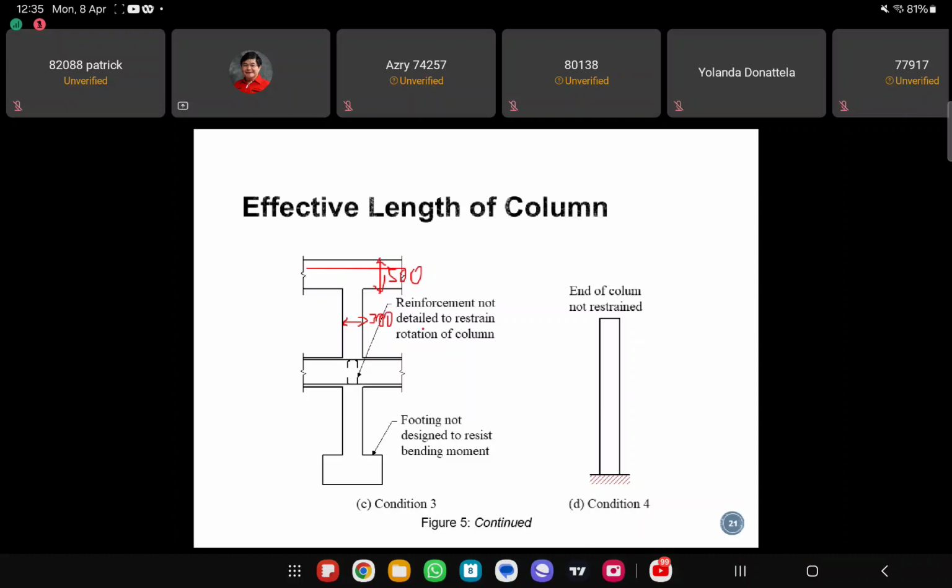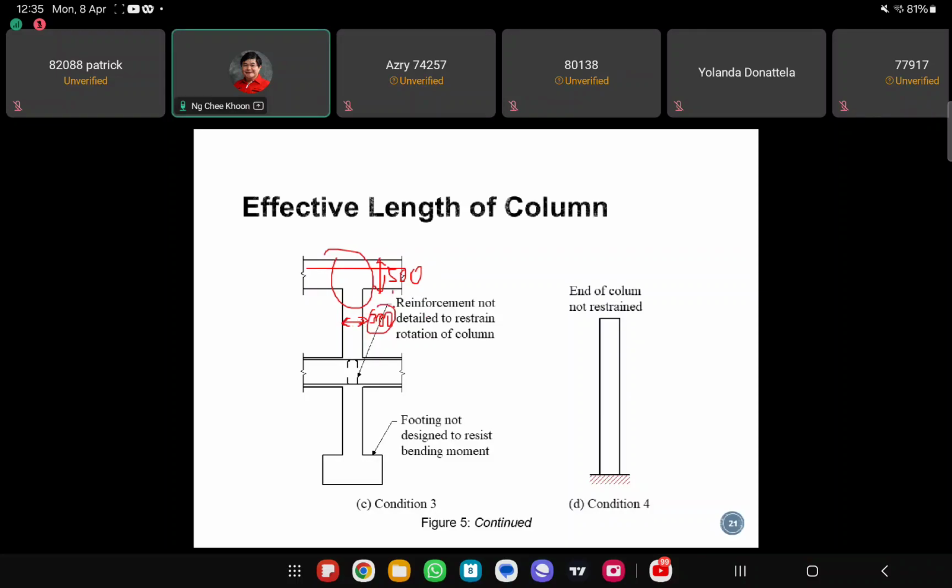Normally we design the beam as a continuous beam. So we just take that this top end is a continuous beam with depth of 500, resisting the bending about the y-axis with the column dimension of 300.